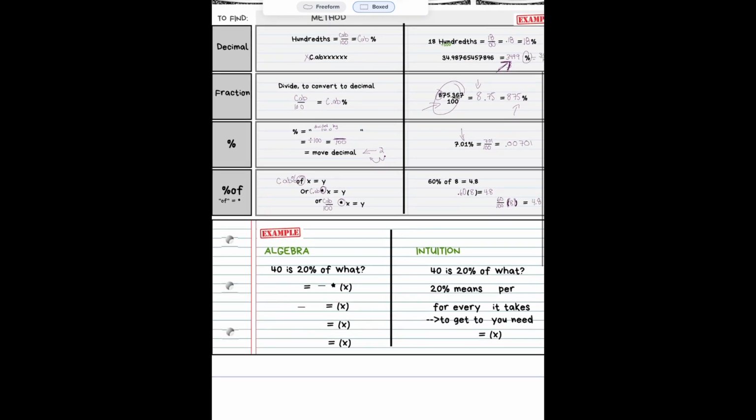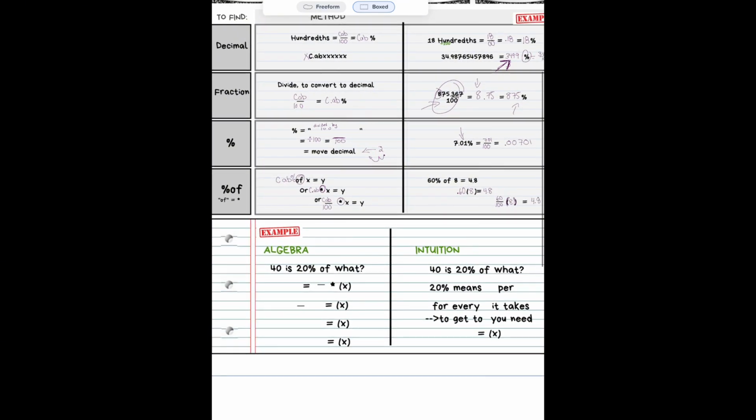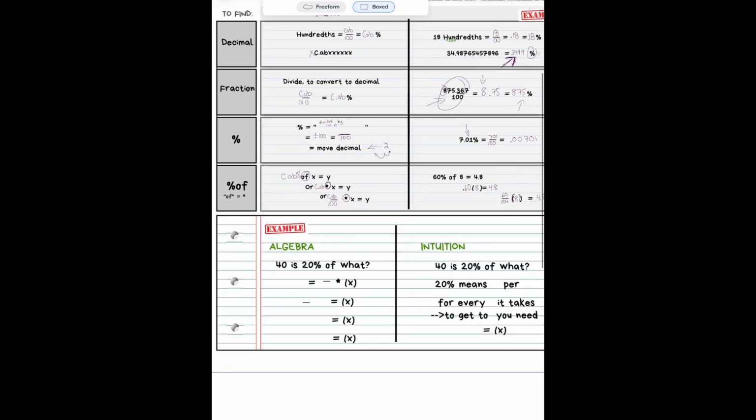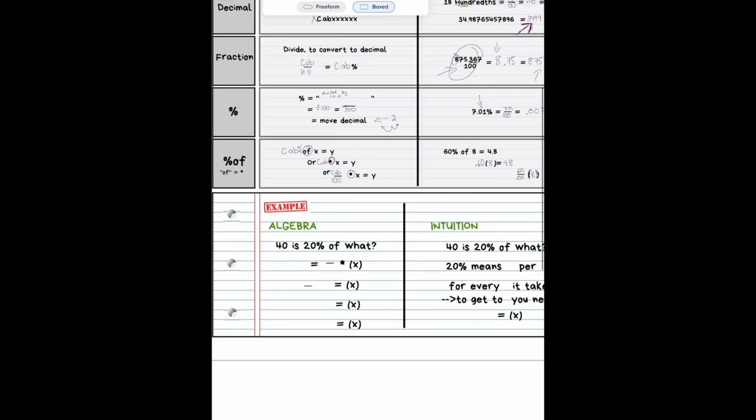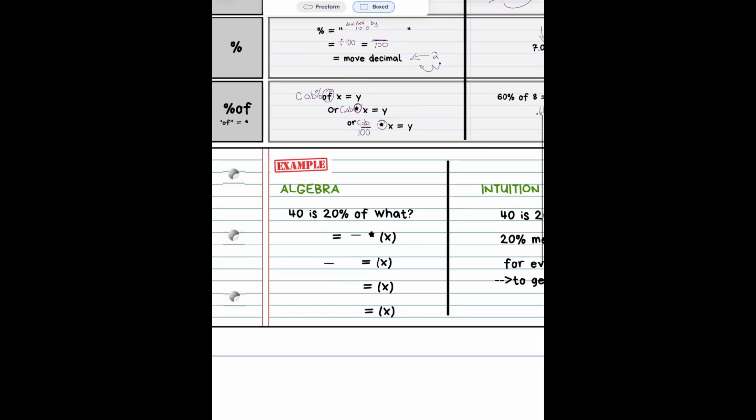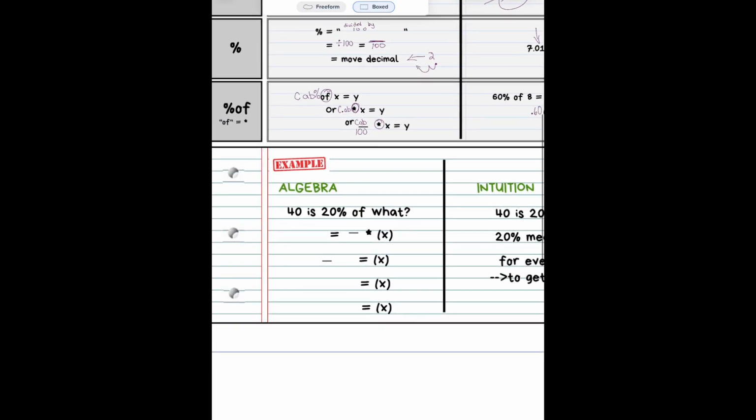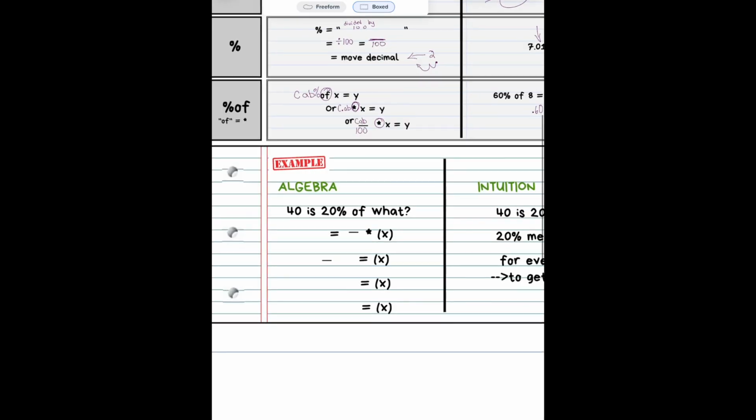Find a way to give yourself a common denominator of 100 the same way you've always given yourself a common denominator. Multiply by 100 over 100. You know? All right, so let's look at an example of that bottom one again with percent of, in 2 ways that you can solve it. One is with algebra and one is with intuition. So 40 is 20% of what?